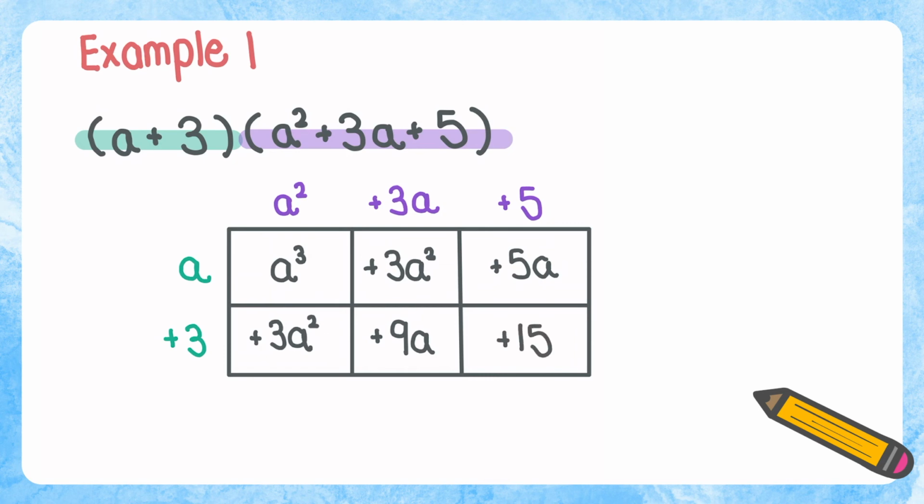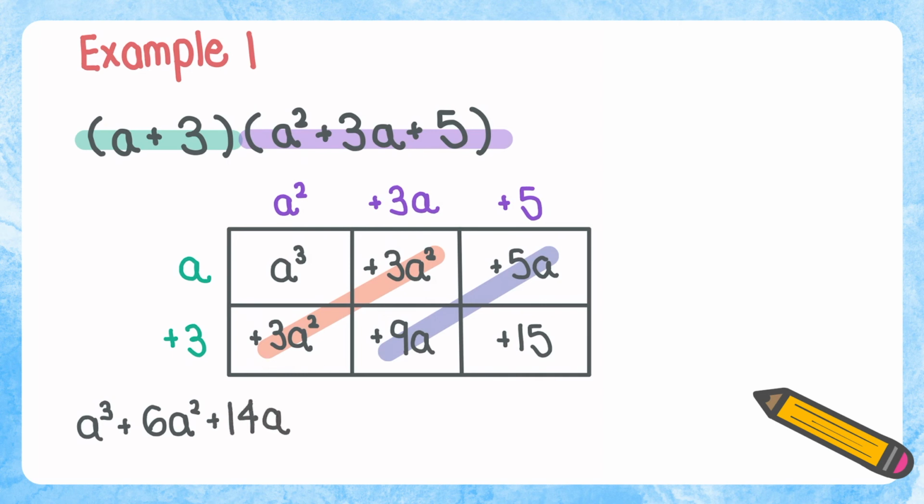So what's kind of cool here is that the like terms actually sort of line up as diagonals. So the 3a squared and the 3a squared, and also the 9a and the 5a. So a cubed is by itself. We combine like terms to get 6a squared.